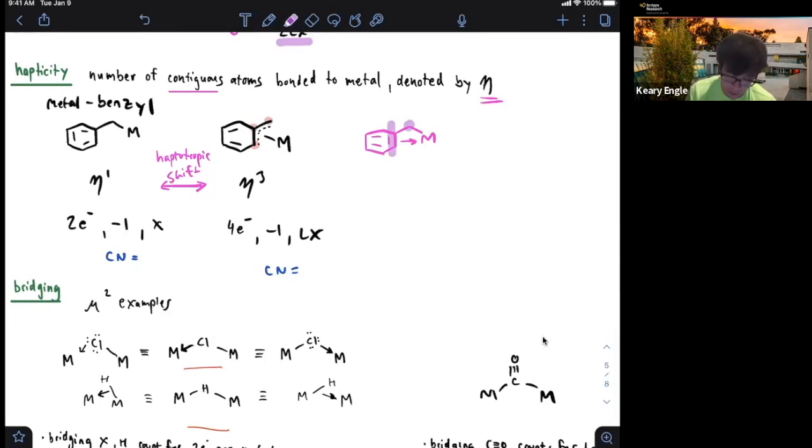LX coordination mode. Now you have 4 electrons that the ligand is donating to the metal. Still, the overall charge is -1. But now the coordination number we would say is 2 because there are 2 electron pairs involved in bonding.